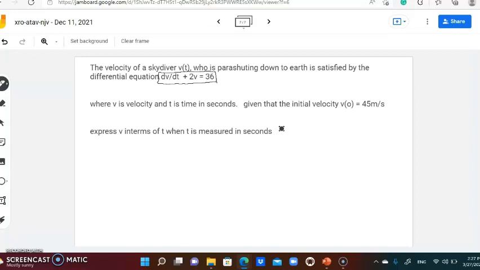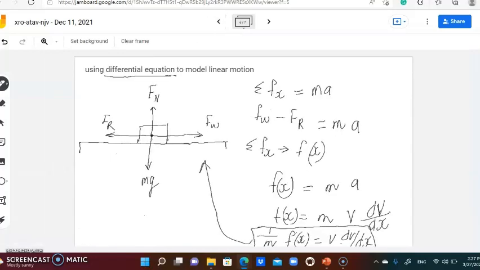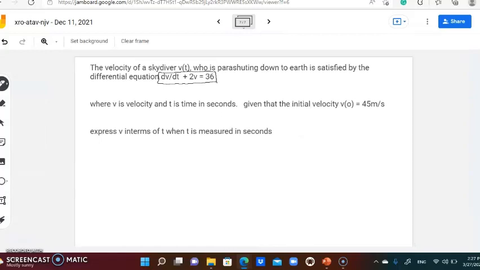Given that the initial velocity, when time equals 0, is 45 meters per second, express v in terms of t.